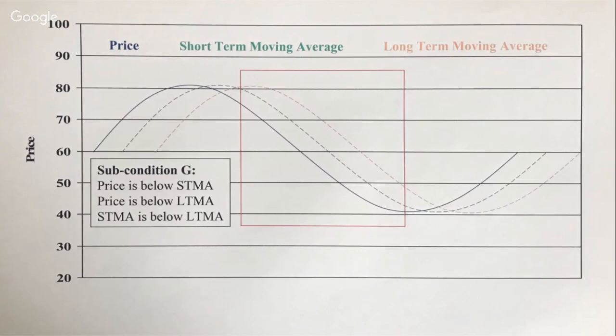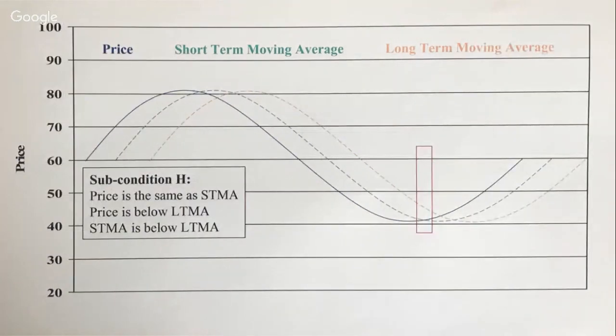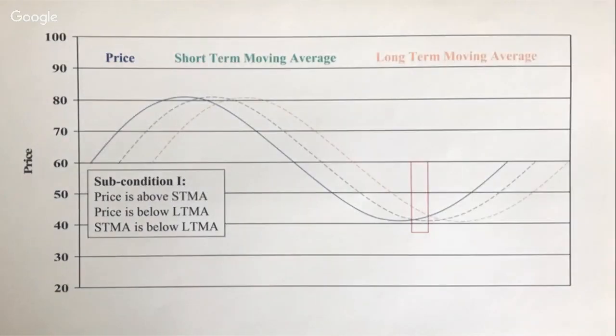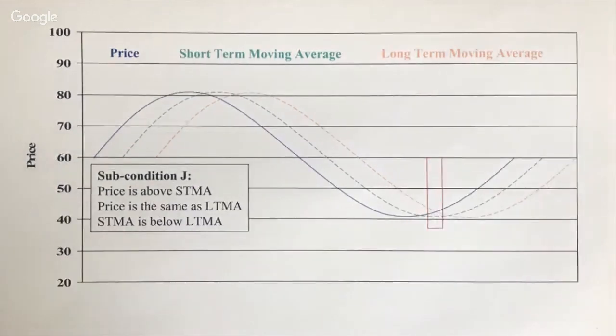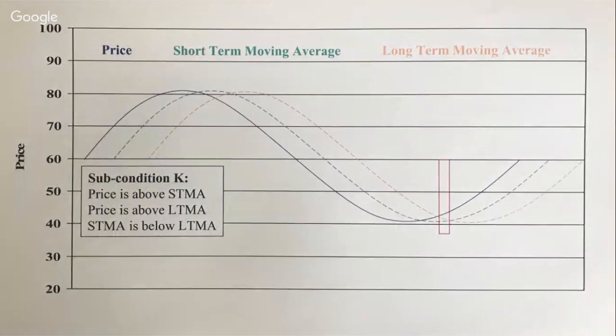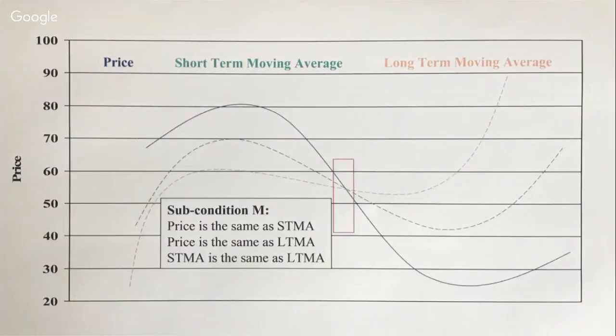And then at some point, you will go through another series, H, where the price begins moving up, I, where it cuts through the short-term moving average and the long-term moving average, J, where price is above the short-term, price is the same as the long-term, short-term is still below the long-term, etc., all the way to M, number 13, where the transition is complete once again.